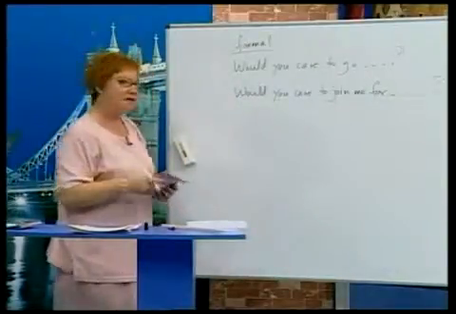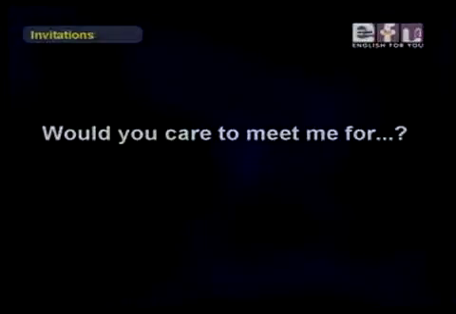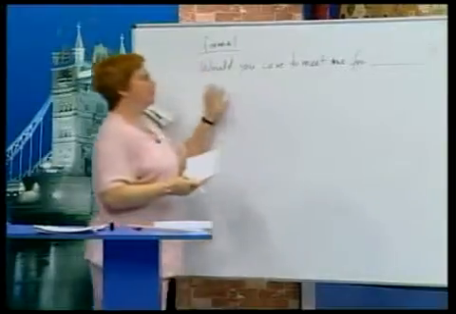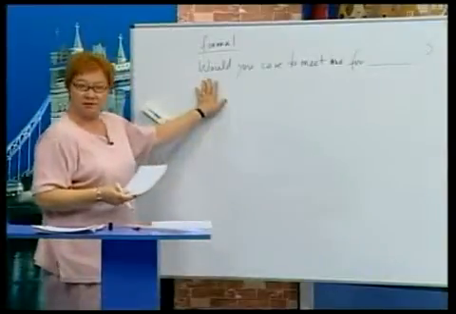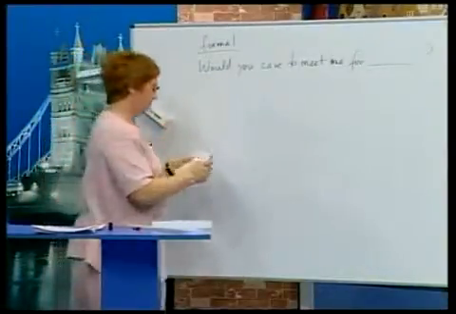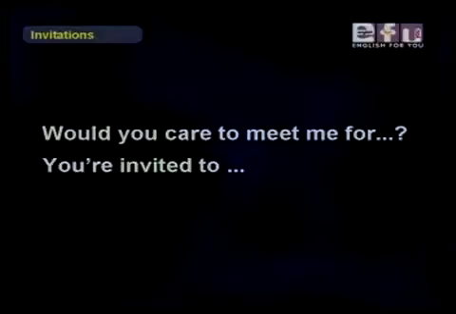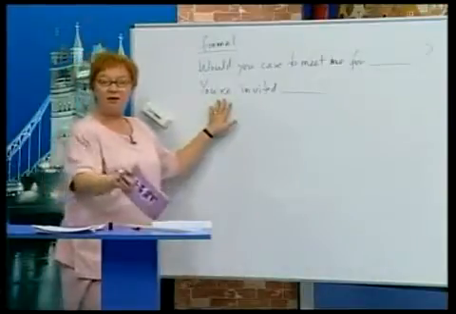Now, here's another group. Would you care to meet me for dinner and a drink? You're invited to. Now, this one is not a question, and we saw this for the wedding.